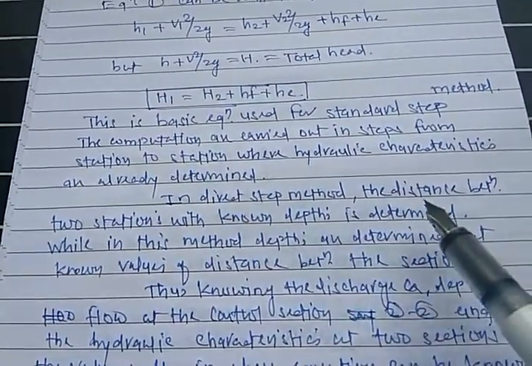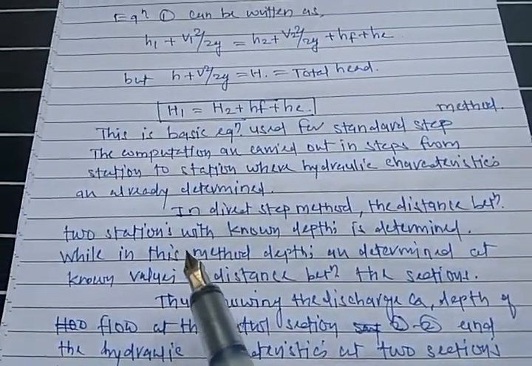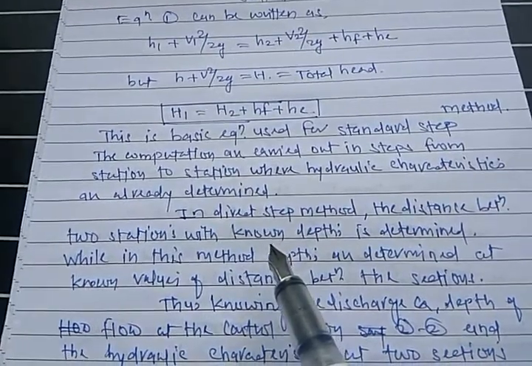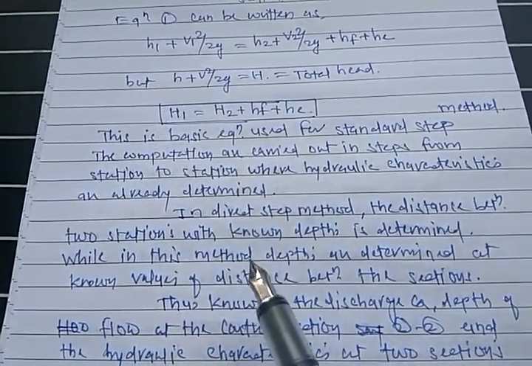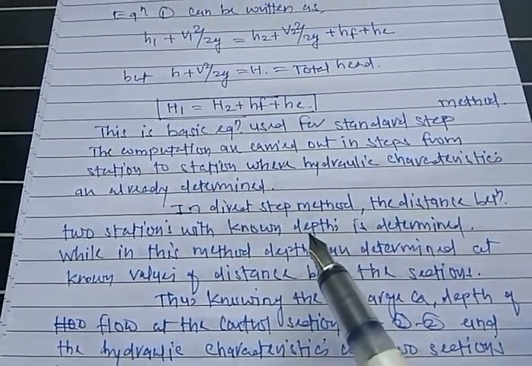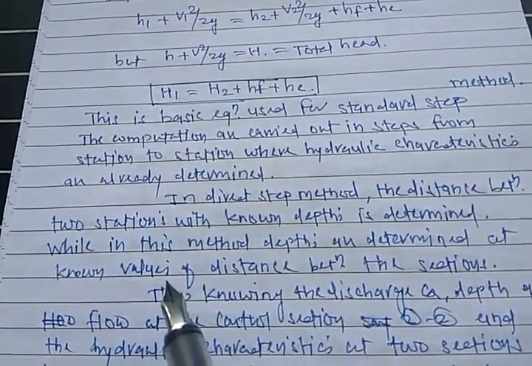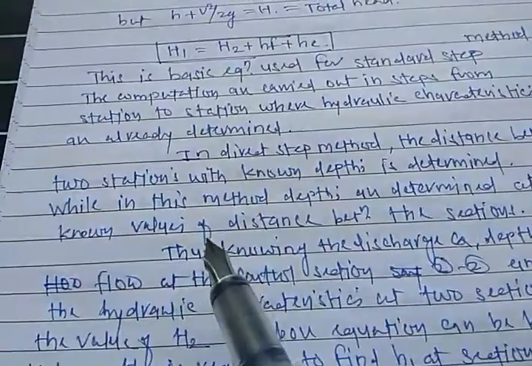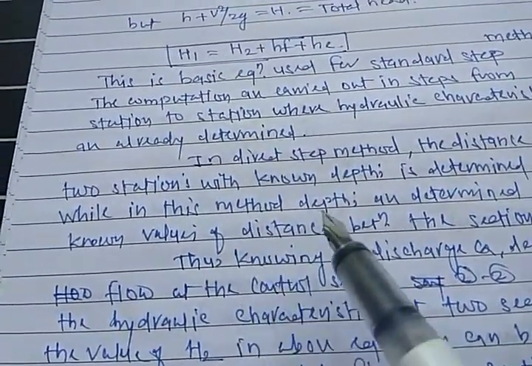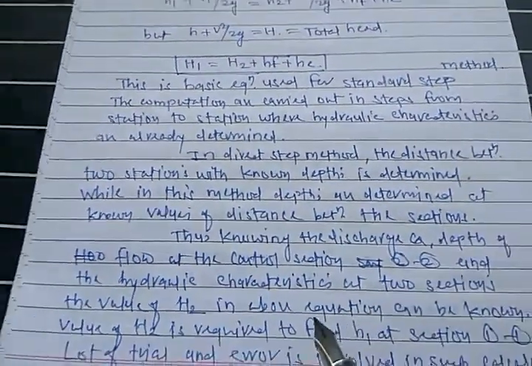So in the direct step method, depths are known and distance is determined, but here distance is known and depths are determined. That is the difference.